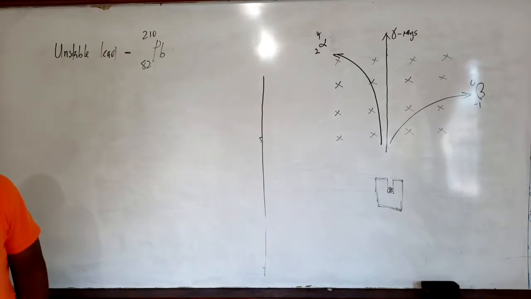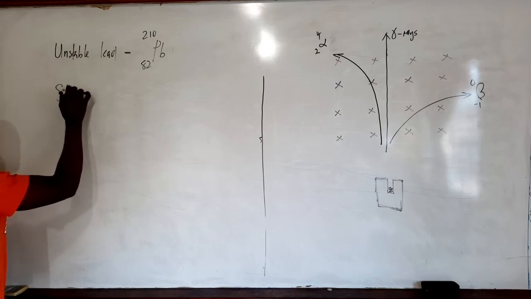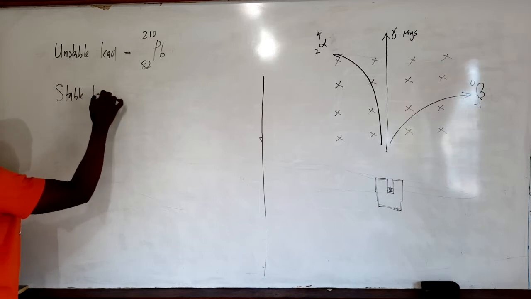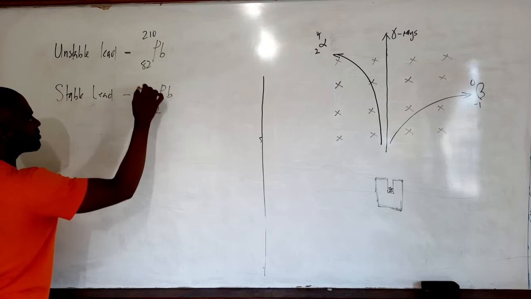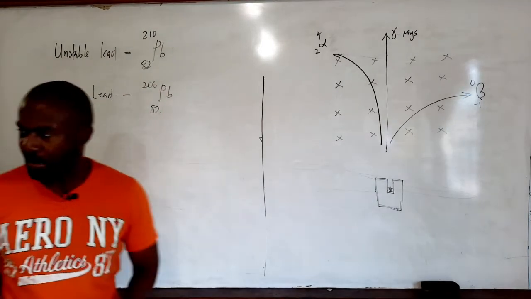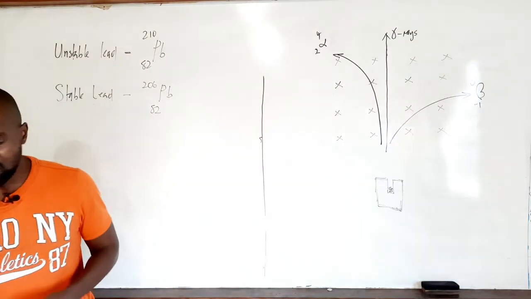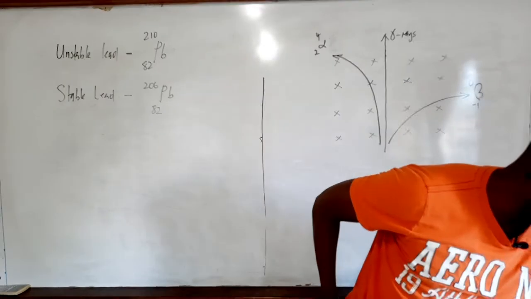Stable lead, of course, will have the same atomic number but a different mass number. So this is stable lead. Of course they're isotopes of the same element, so they have the same number of protons but different number of neutrons.